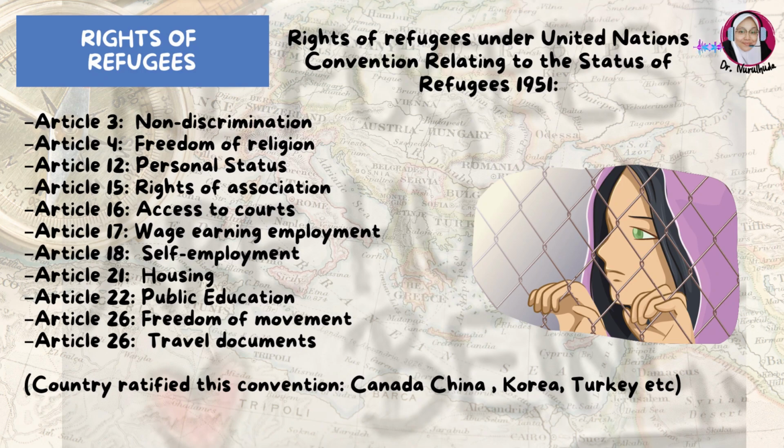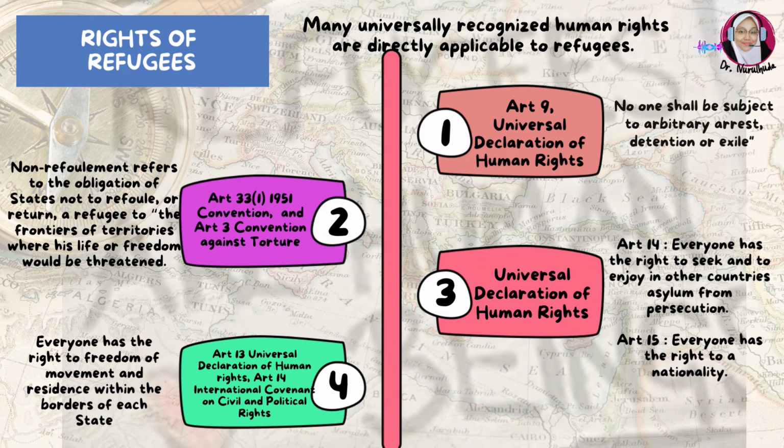The rights of refugees included in the conventions include non-discrimination, freedom of religion, personal status, rights of association, access to courts, wage-earning employment, self-employment, housing, public education, freedom of movement, and travel documents. Countries that ratified this convention include Canada, China, Korea, Turkey, and others. Many universally recognized human rights are directly applicable to refugees.